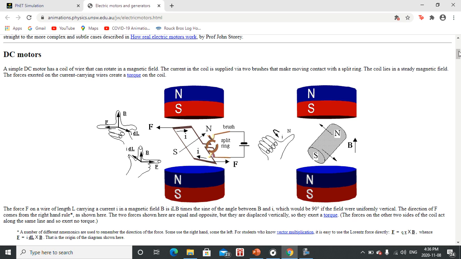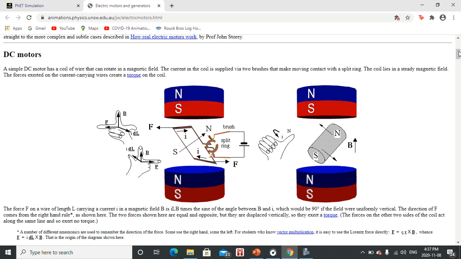So when this battery is connected, electrons are going to be going through, but they only complete the circuit when we do have this brush in contact with the metal part of the split ring. Where we have the gap, it interrupts the flow of the electrons. So right now we have contact between the brush and the split ring, which means current is going through the conductor.